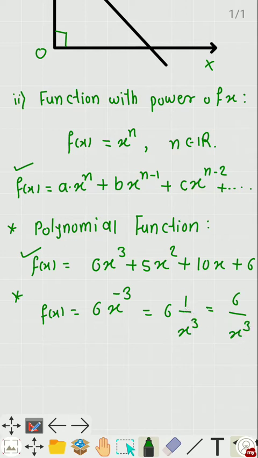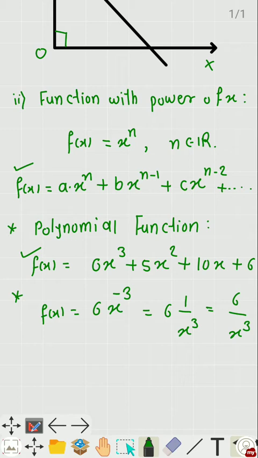So for the negative power we write like this. No problem, there are many types of functions.